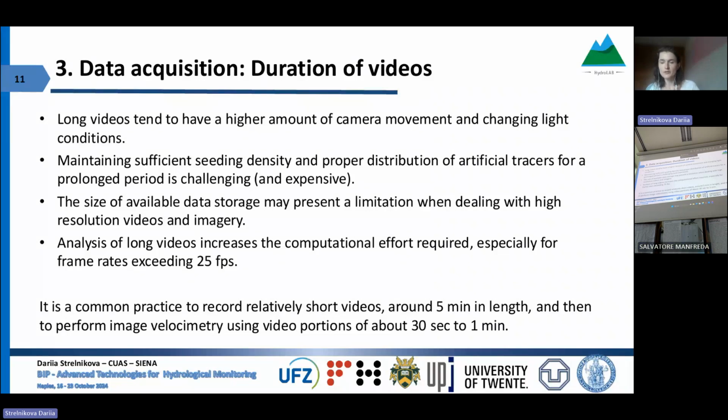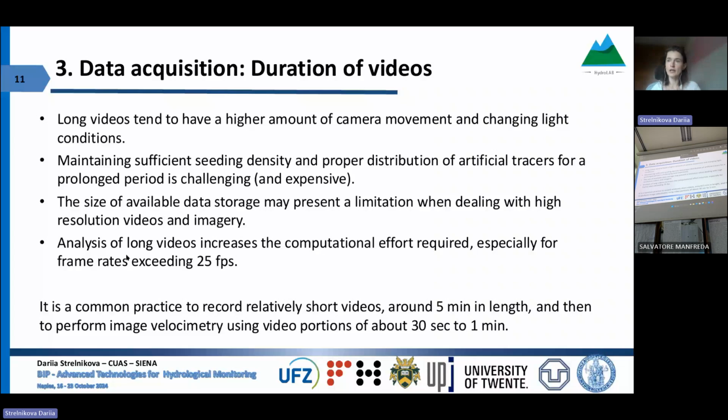So it's common practice to record relatively short videos up to 5 minutes and not to use all of them, just portions from 30 seconds to 1 minute. There are some studies which operate on longer video sequences, but they are pretty rare. So usually short videos are sufficient.